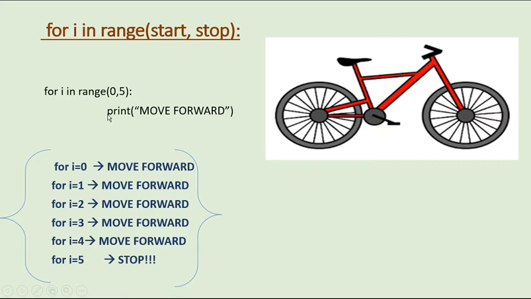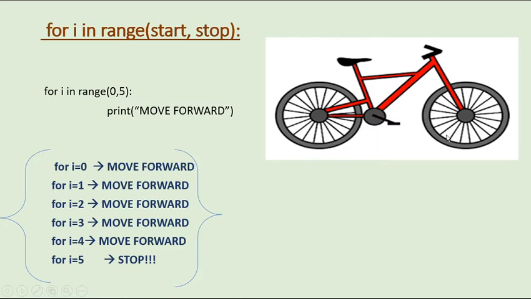Now what is happening over here in this Python program? For I in range 0 to 5, and what is written here inside the body? Print move forward. This particular statement has been written in resemblance to this drawing. So when the value of I is 0, what has to be done? The cycle has to be moved forward.